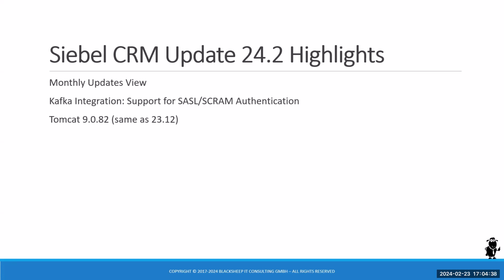There is a new view, however, which deserves attention, and also support for SASL SCRAM authentication. Not sure if I pronounced that correctly, but that is only for the Kafka integration, so don't get too excited. Tomcat stays on 9.0.82. If you're already on 23.12, there's no change for Tomcat.